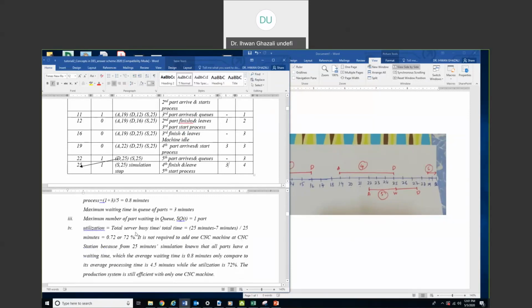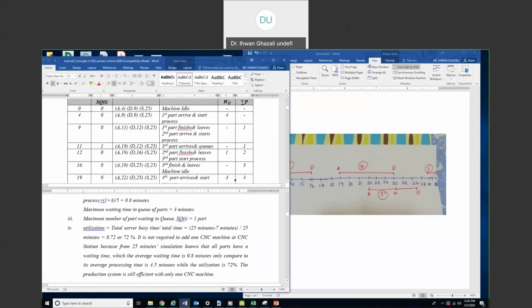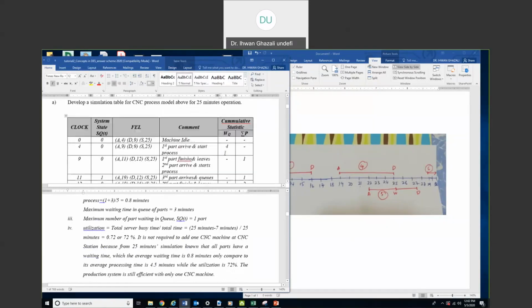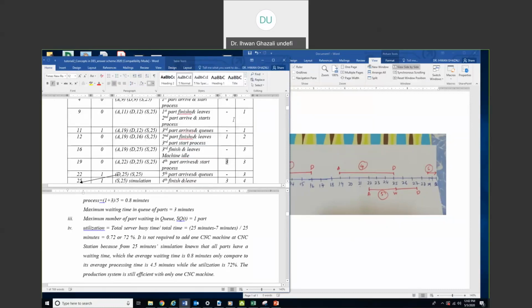Utilization is total server busy over total time. Our total server busy is 25 minutes minus 7 minutes. The server is the machine, yeah. Machine is the server, and the machine idle is waiting. 25 is the full time. 7 is the idle time.